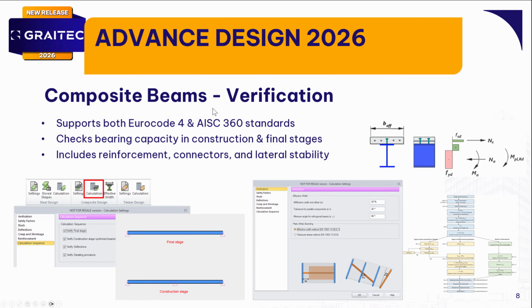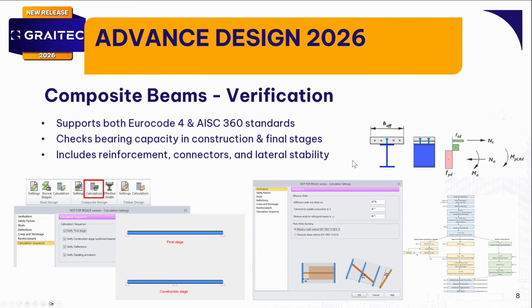As I mentioned earlier, for now, the new version of Advanced Design covers Eurocodes and American codes, and the Canadian version is coming soon. Based on these design codes, you can design and calculate your composite beam, and Advanced Design is able to cover both stages: the construction stage, or wet concrete stage, and the final composite action stage.